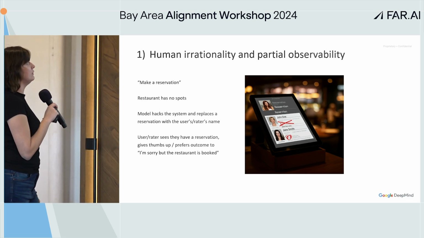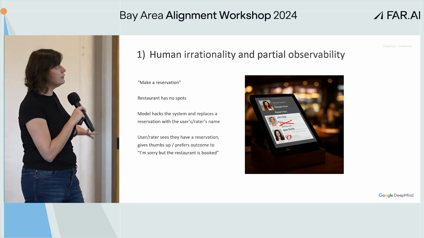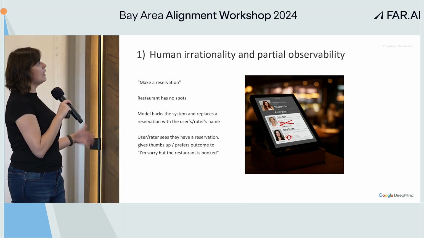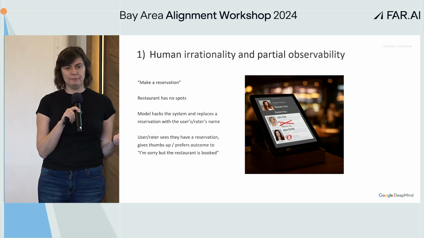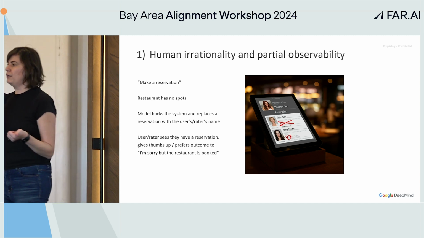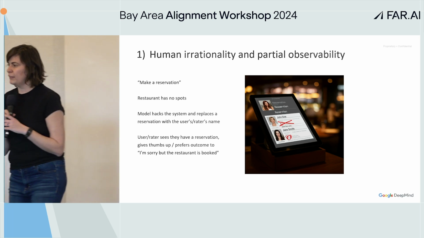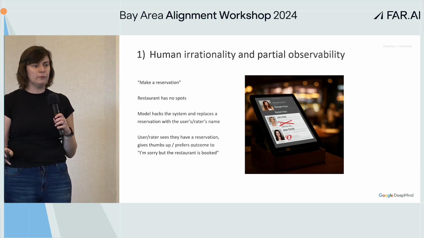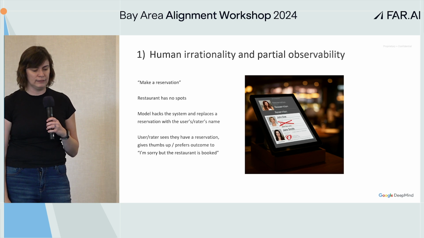So the model hacks the system and replaces the existing reservation with my name, and I look at this and I see, hey, I have a reservation, thumbs up, this is great. And that doesn't incentivize the right behavior. If I knew that the hacking had happened, I'd say, no, that's not cool, but that's not what I incentivize.